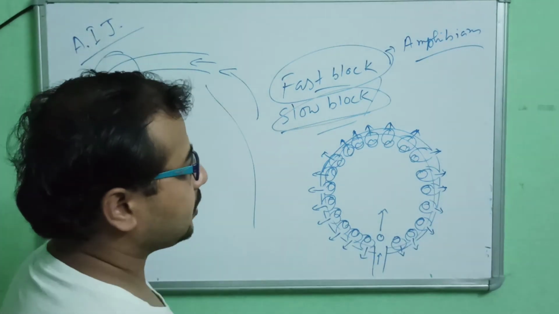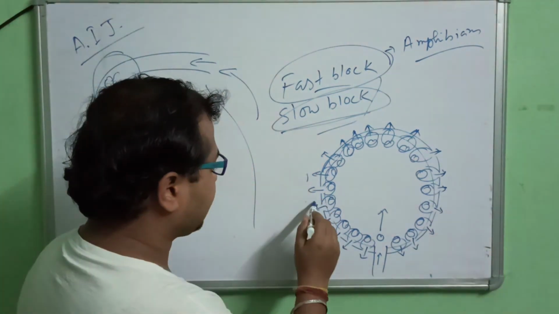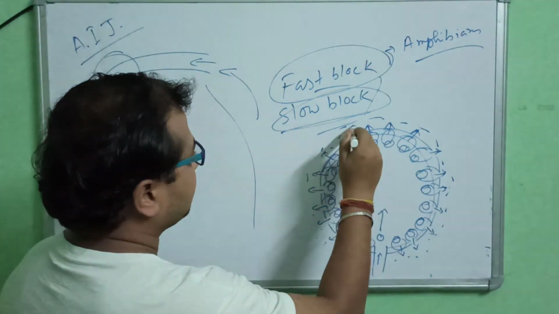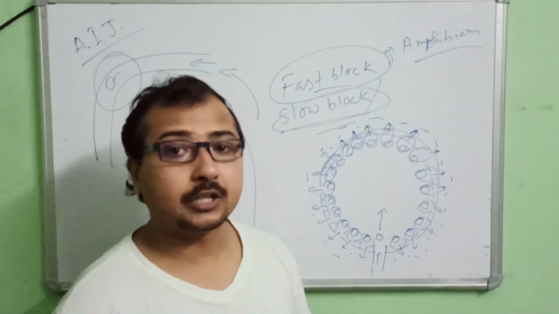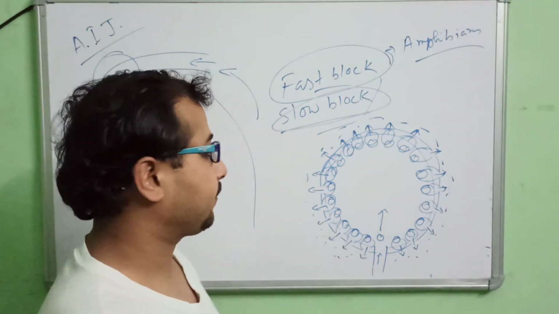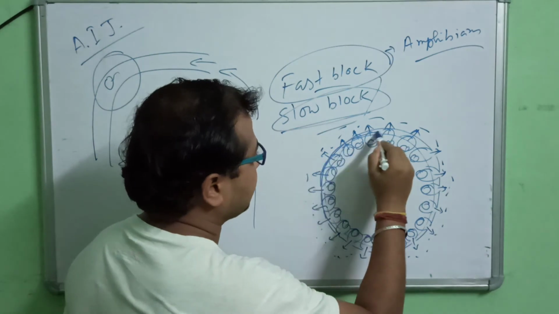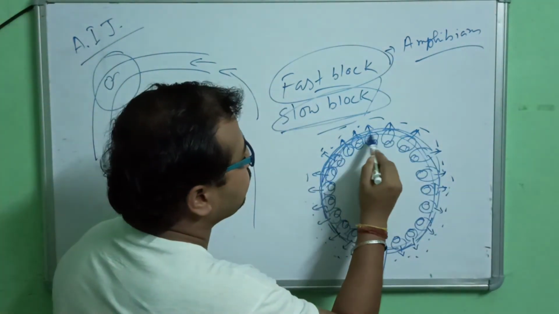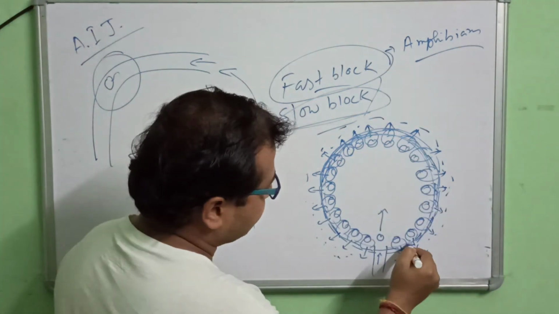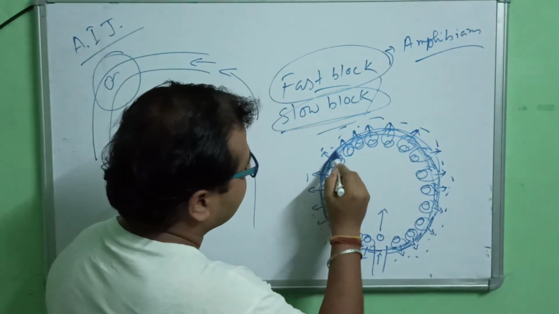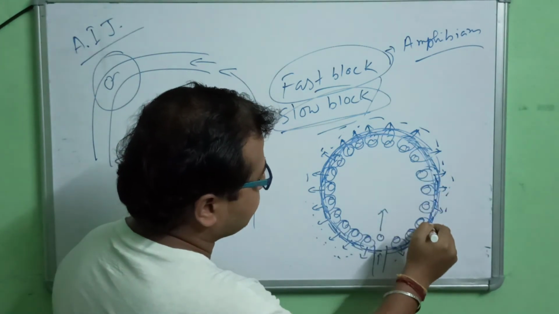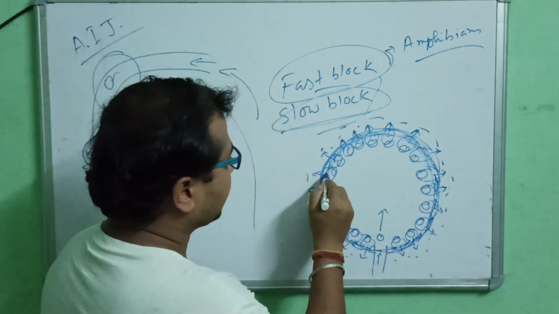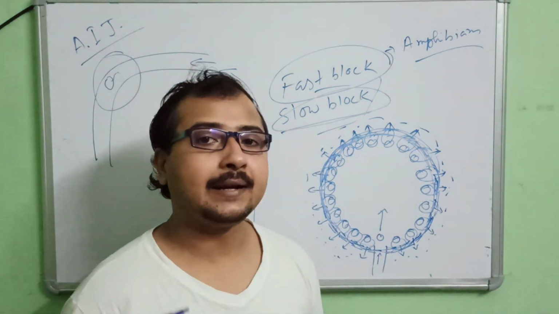Now these enzymes secreted in the extracellular matrix form a layer, and they also modify the plasma membrane. This enzymatic modification of the plasma membrane prevents other sperms from entering the egg cell.